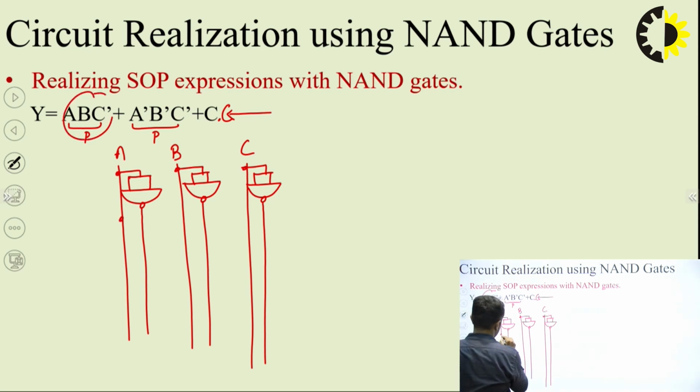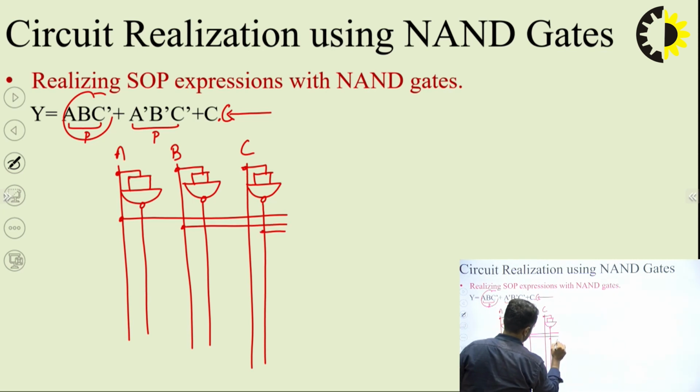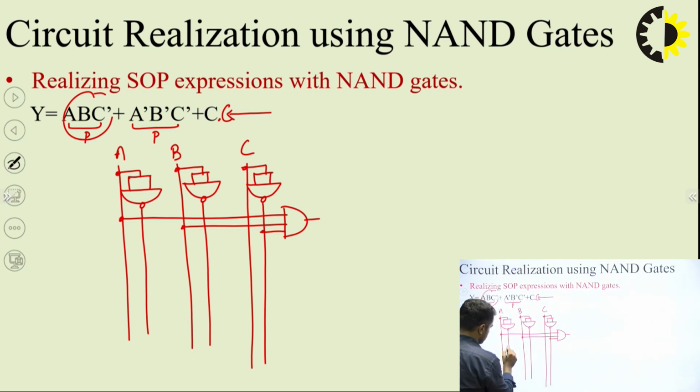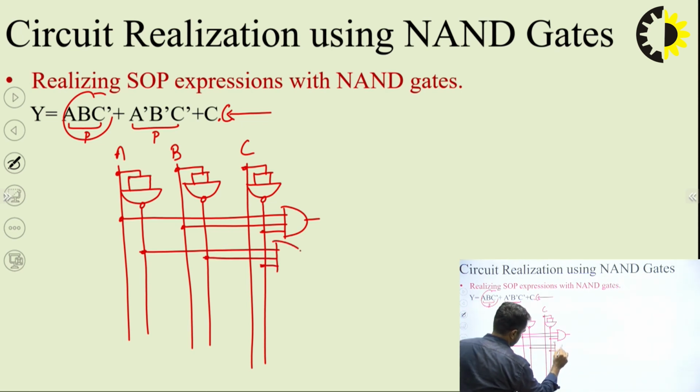So this is A, this is B and C complement. Then second product is A complement, B complement, C complement. So this is A complement, B complement, C complement. And we will be using NAND gates only. And the last C dot C, that means this thing. This is C, another C.